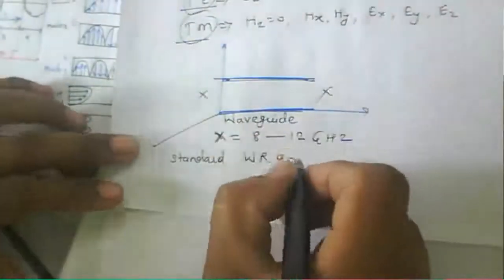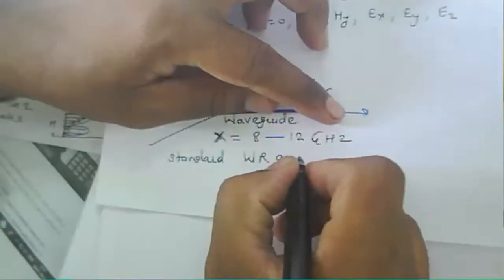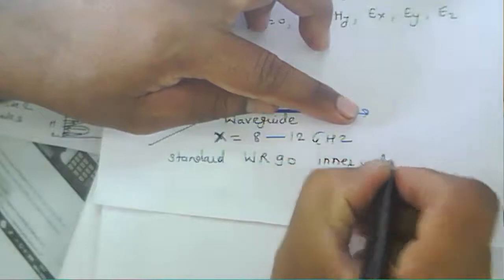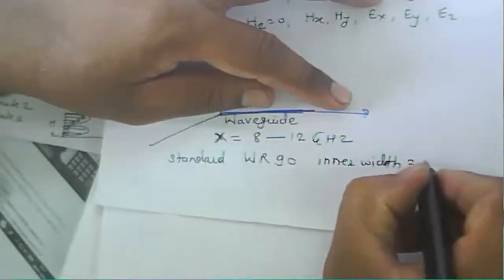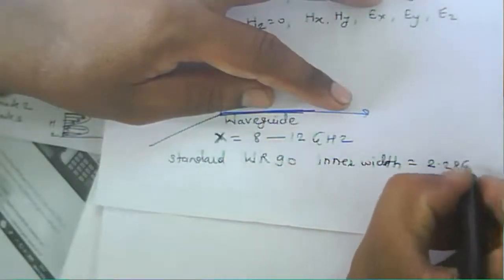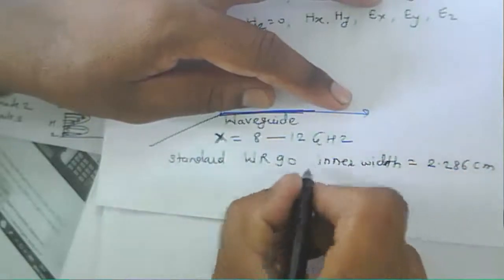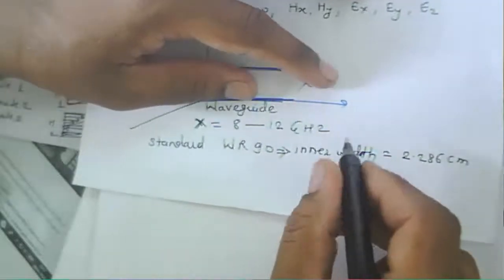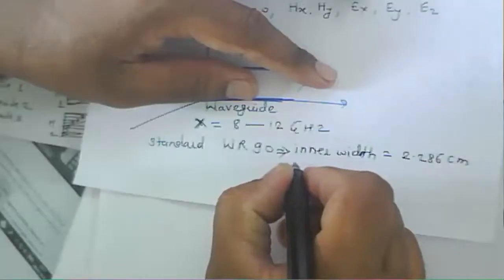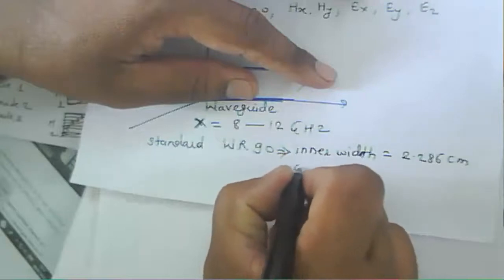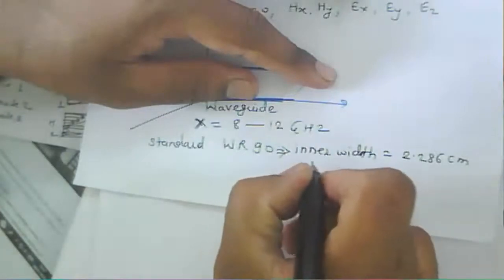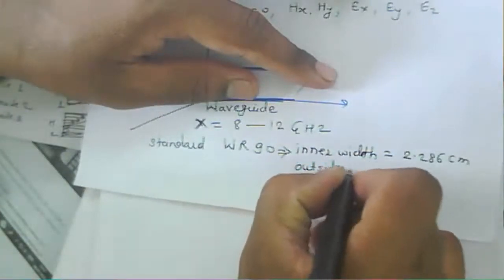For this WR90 standard, the inner width is 2.286 centimeter. Always remember this. For the WR90 standard, the inner width is 2.286, and the outside dimension is different.